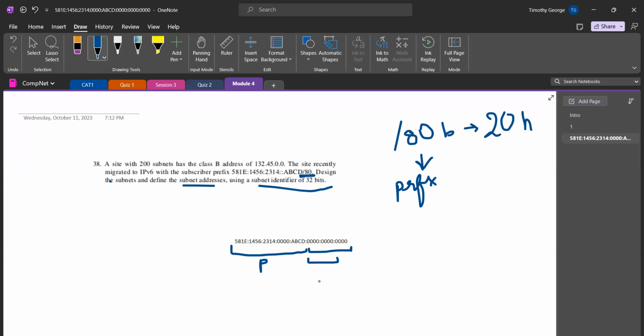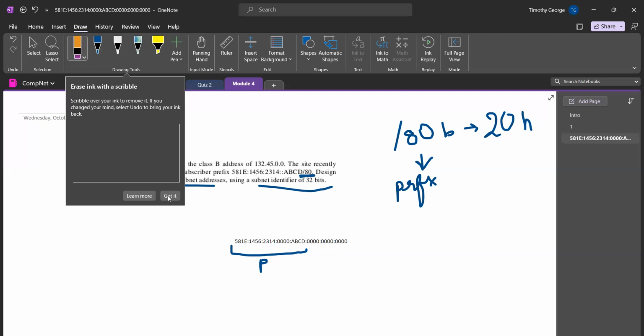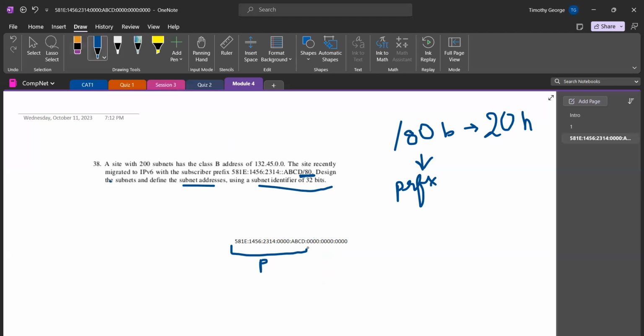This much is the identifier, 32 bits. Why is 32 written in the question? 32, when we convert to hex, it will be 8 digits we have taken. So what is remaining now? This much. That will be your nodes.